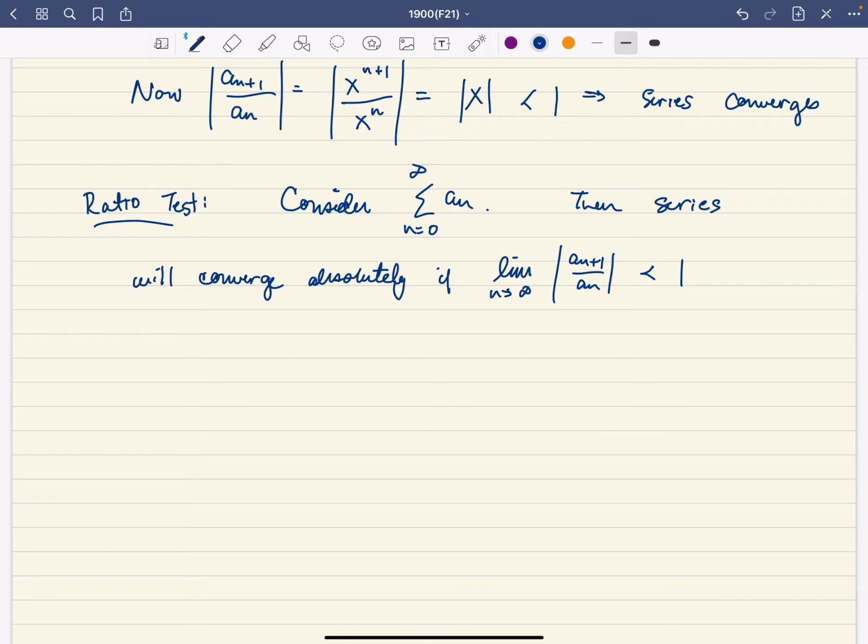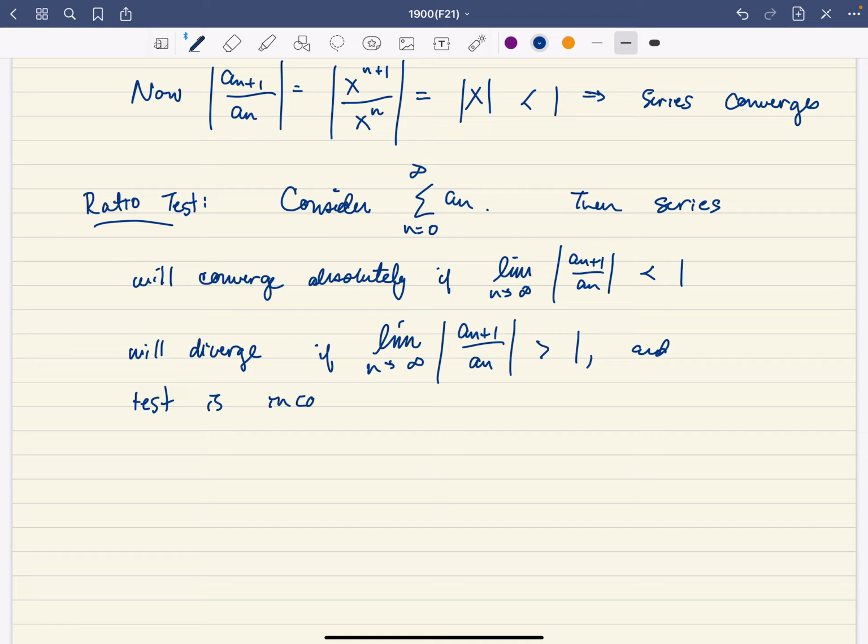The series will diverge if that limit is bigger than 1, and the test is inconclusive otherwise.